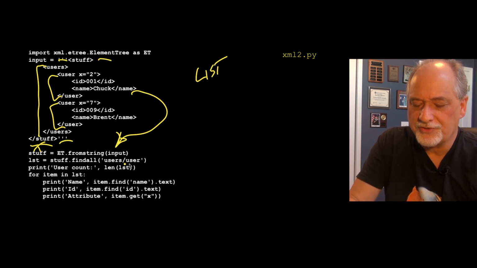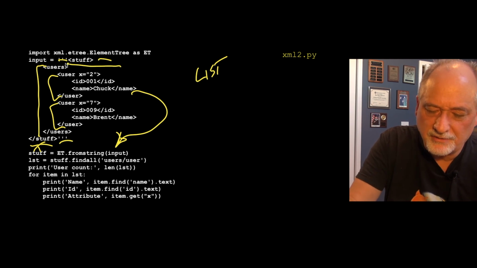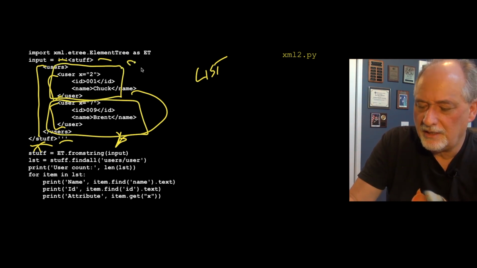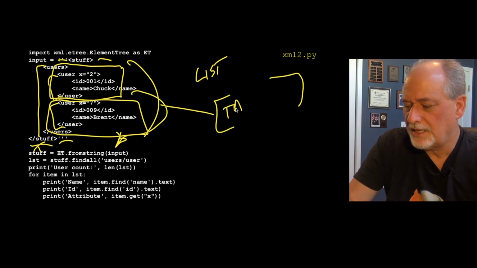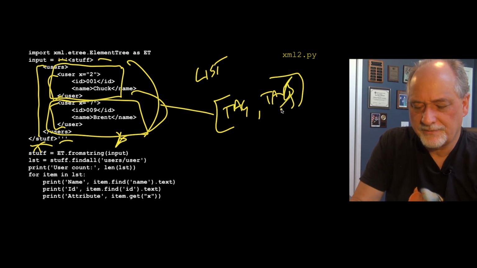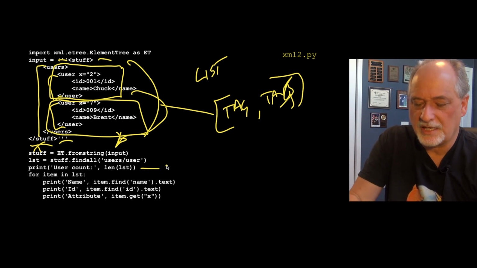I want to find all tags that match users/user. So that's going to give me a list of two tags. Now I can print out how many I get. That'll be 2 in this case because I got 2 tags.